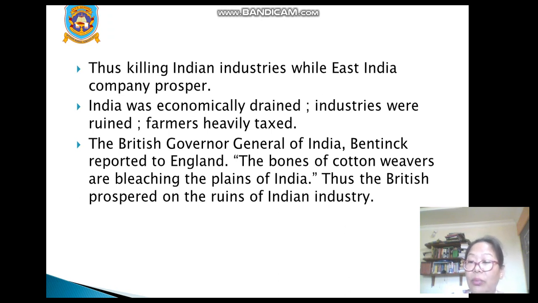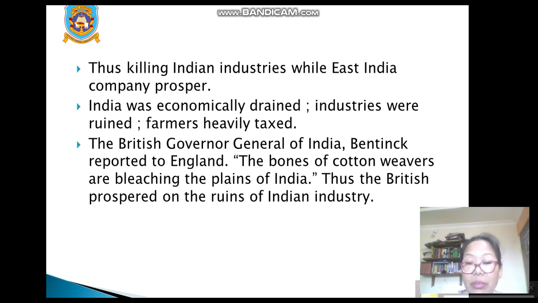He says that the bones of cotton weavers, the workers associated with the cotton production industry, are bleaching the plains of India. That means they were starving and dying because they were not getting the benefit.